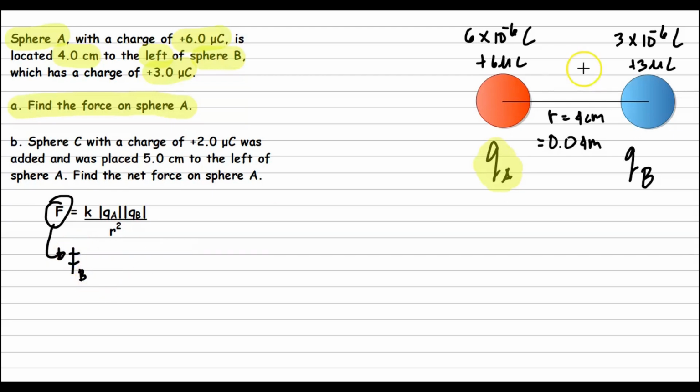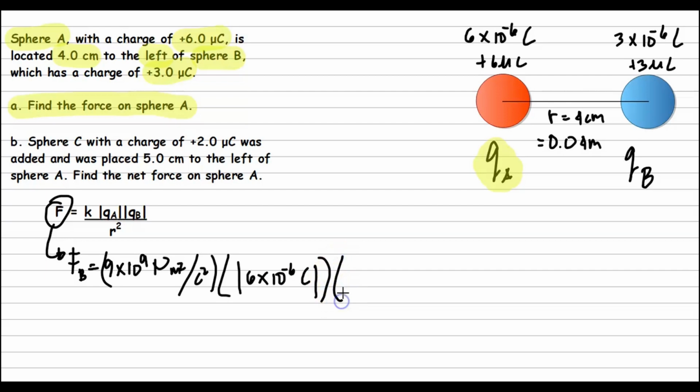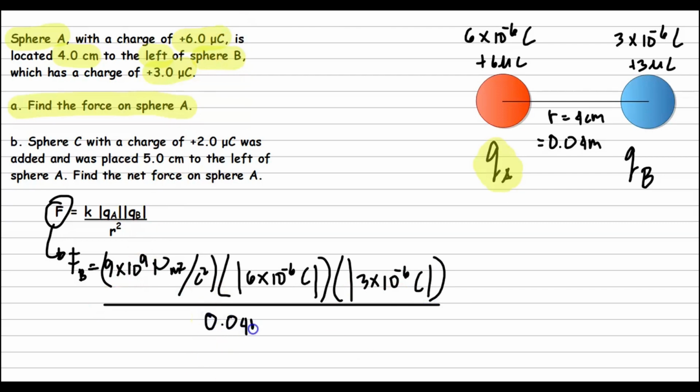So we can say the force of B is equal to 9 times 10 raised to 9 Newton meter squared per Coulomb squared, that is your Coulomb's constant, multiplied by the absolute value of 6 times 10 raised to negative 6 coulombs, that is your QA, times the absolute value of 3 times 10 raised to negative 6 coulombs, that is your QB, divided by 0.04 meters squared. And so, the force of B is equal to 101.25 newtons.